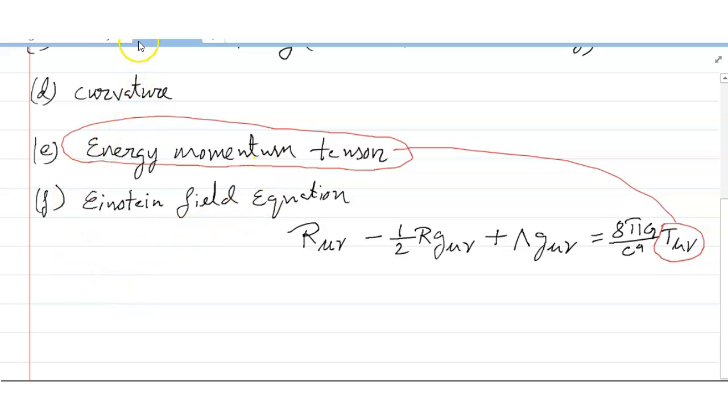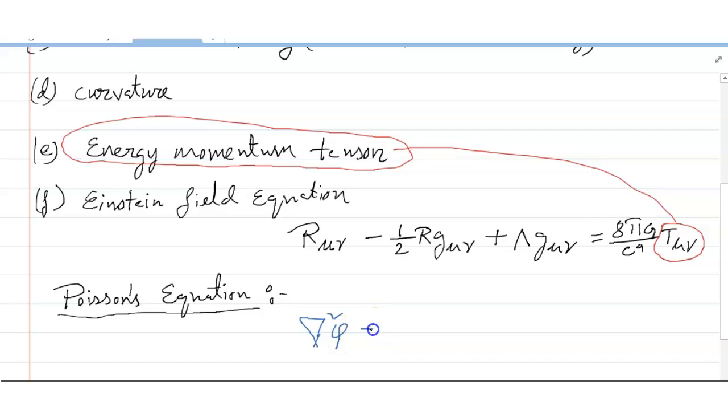Let's start our discussion. So friends, we know Poisson's equation: nabla squared phi equals 4πGρ.